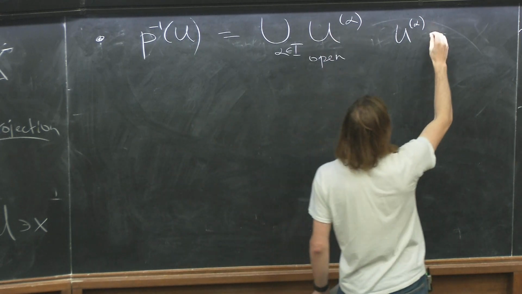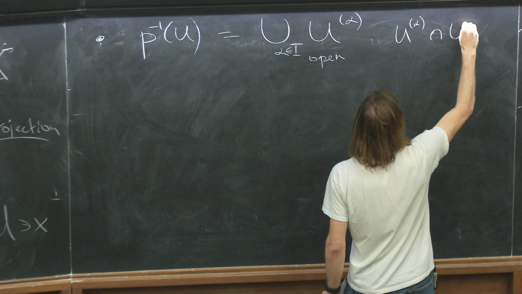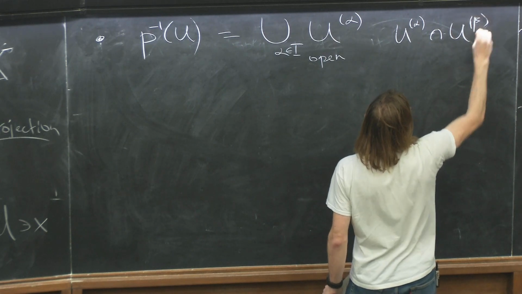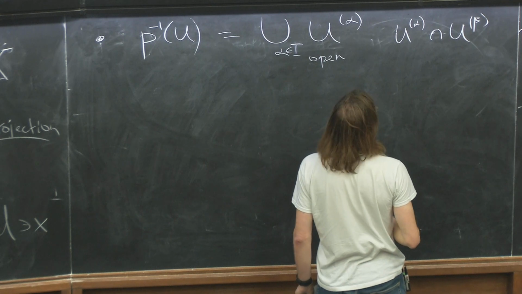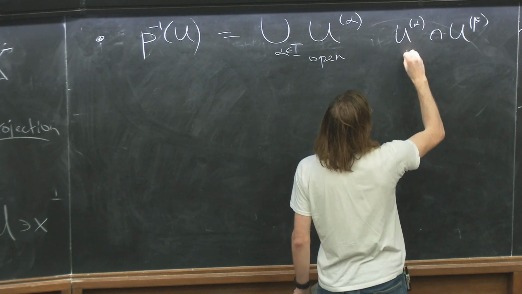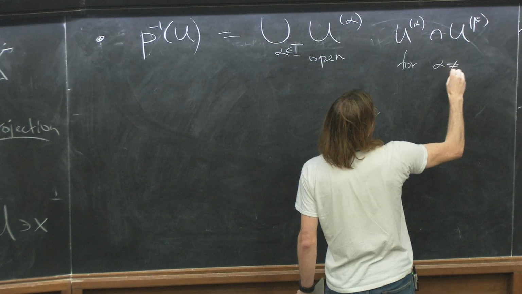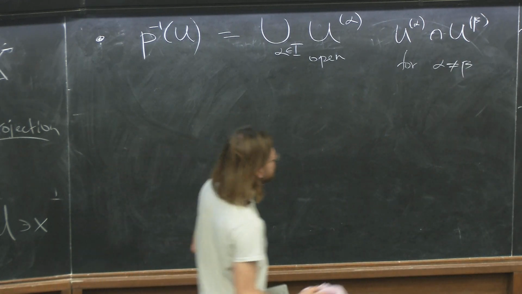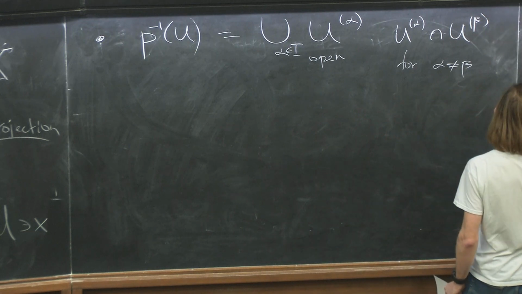It is a disjoint union, essentially, for alpha different from beta.